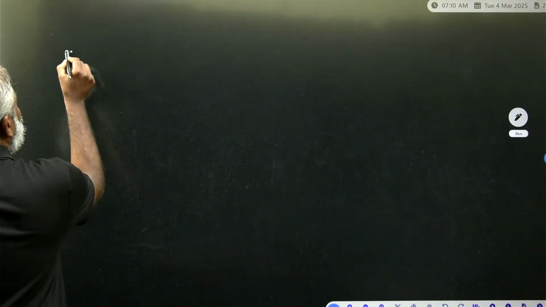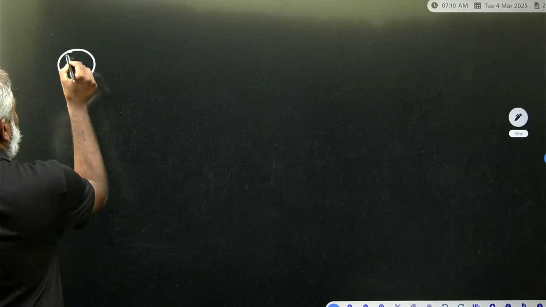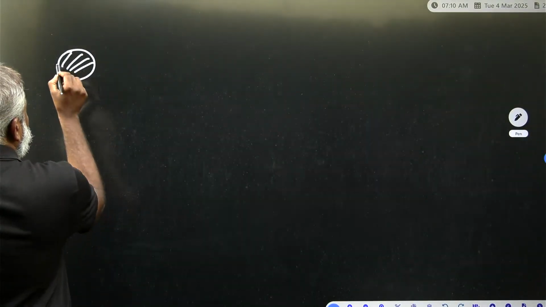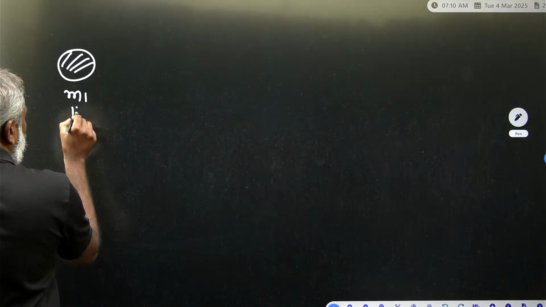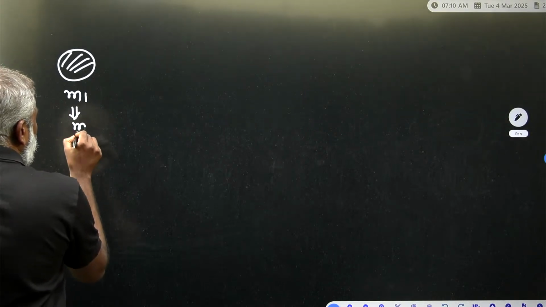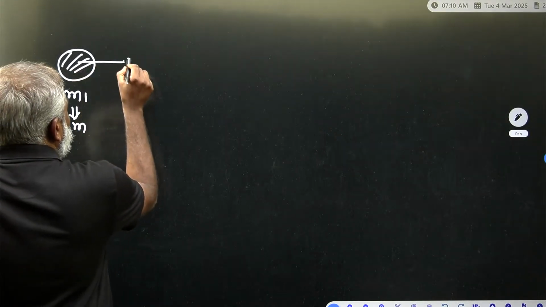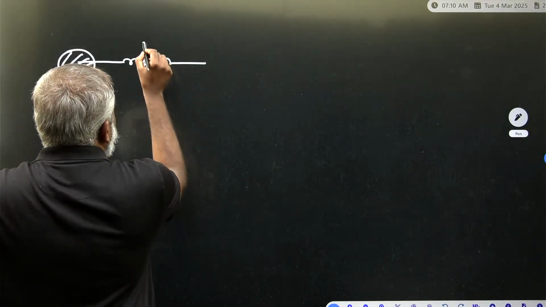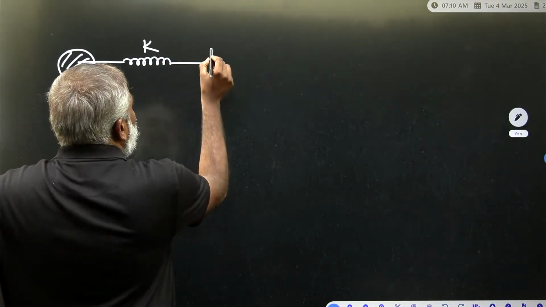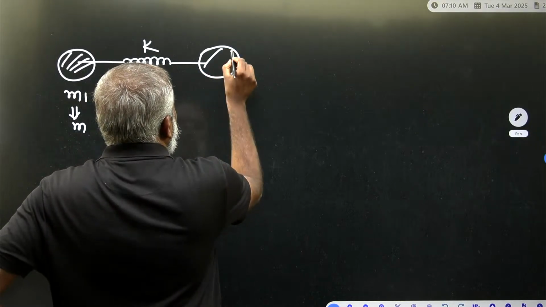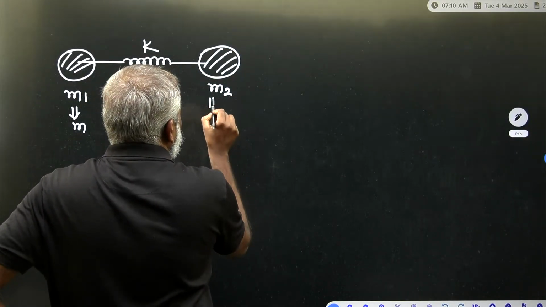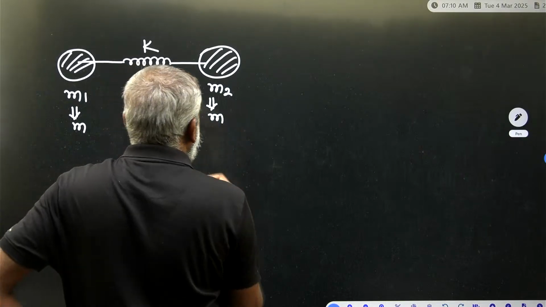Here three masses are there. This is the first particle, mass m, which is m1, and it is connected with a spring of stiffness constant k. It is connected to one more mass, m2, which is also equal to m.